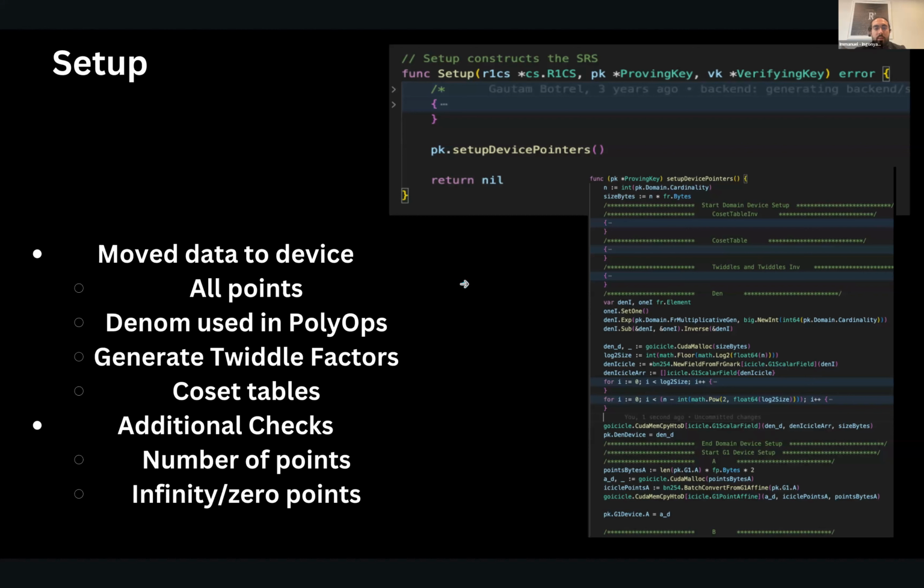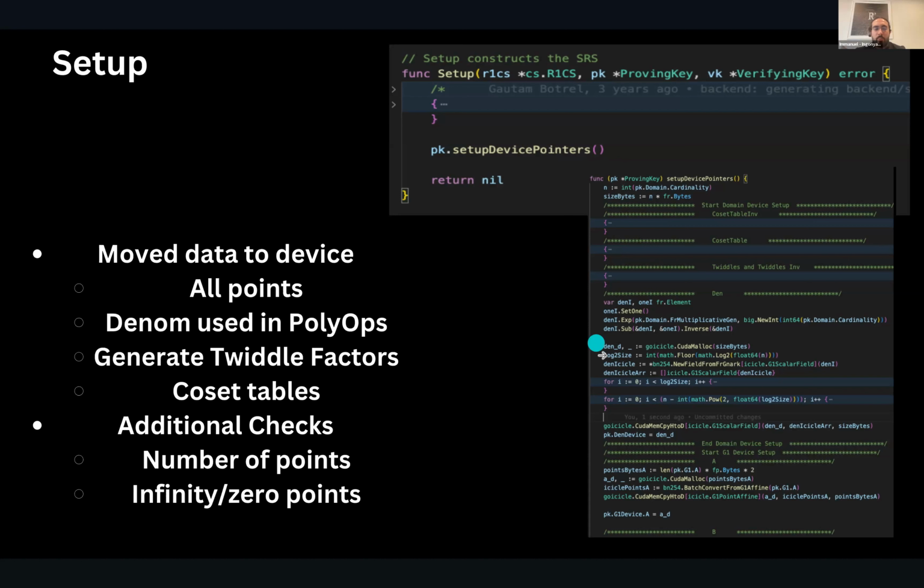This is the setup phase where we allocate on the GPU all of these points and scalars, and we do different optimizations, like filtering out zero points, and we also pre-generate some factors for FFT.